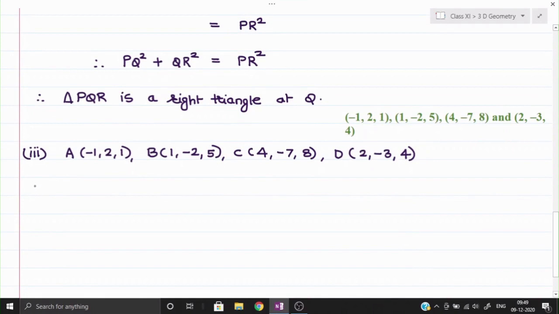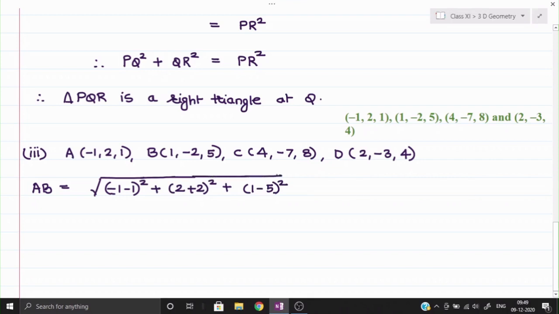First of all, I will find out the value of AB. You can find out the square of AB also, because ultimately if AB is equal, then square of AB and CD will be also equal. So here we shall find out first the value of AB is equal to, under root, (-1 - 1) whole power 2 plus (2 + 2) whole power 2 plus (1 - 5) whole power 2.